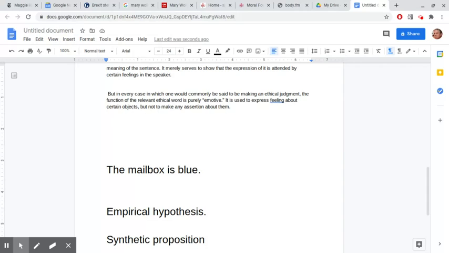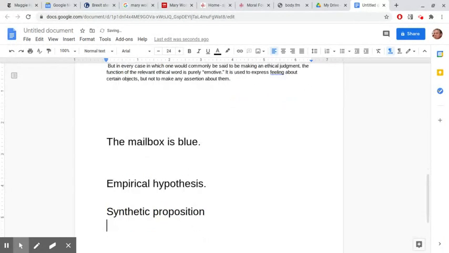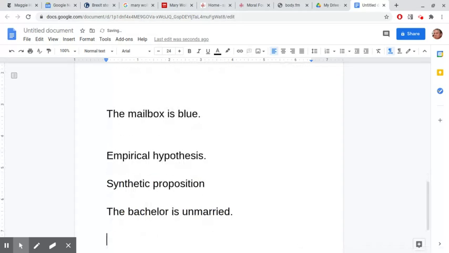And this would, for instance, be something we could contrast to the bachelor is unmarried. We don't have to check. That is, if something is a bachelor, it is also unmarried, because that's part of the meaning of bachelor. We don't have to check.